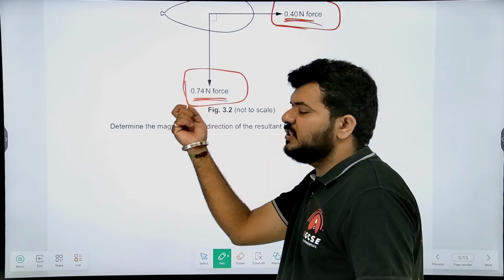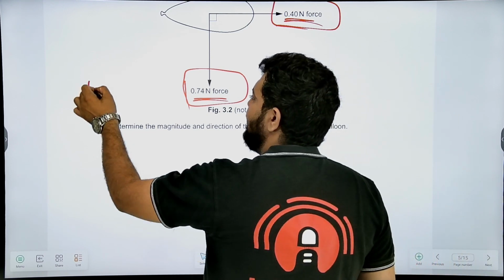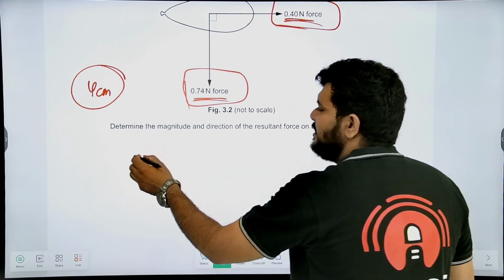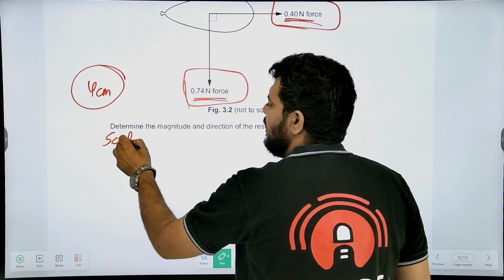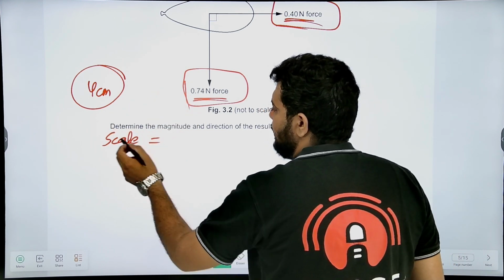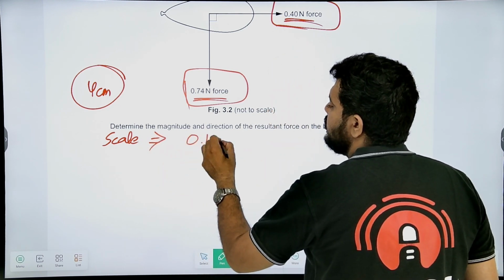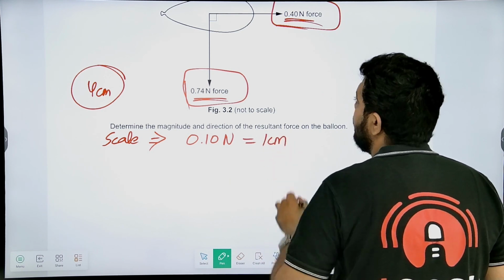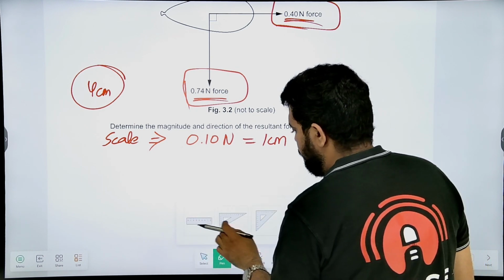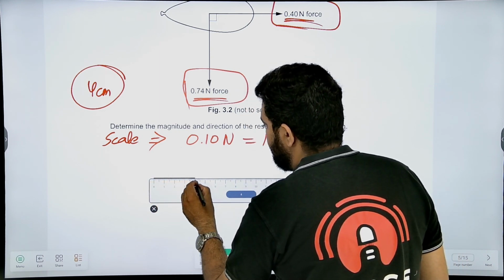I cannot draw 0.74 Newton, I have to draw it in centimeter, and I want my lines to be at least 4 centimeter long. Okay, so can I simply say that scale, right? You will have space for writing that down. I'm just writing it here so that I can look at values simultaneously. Scale is equal to 0.10 Newton is equal to 1 centimeter. That means this 0.40, right, should be how much? It should be 4 centimeter, correct?